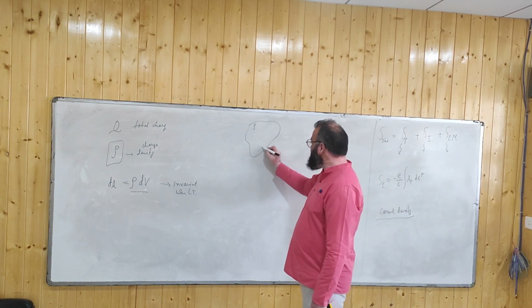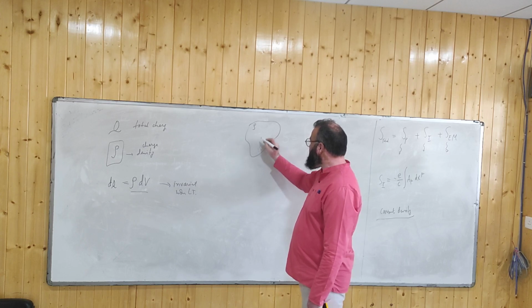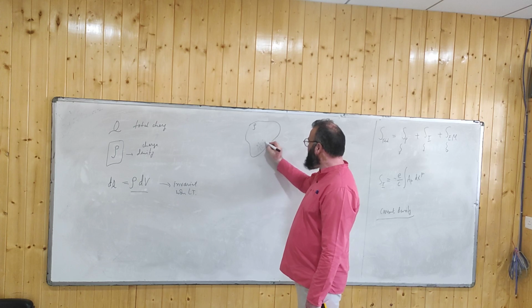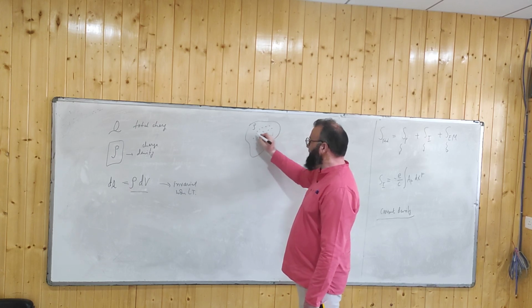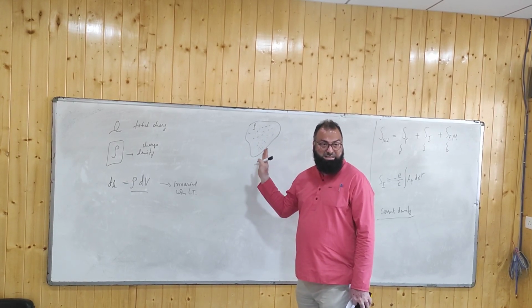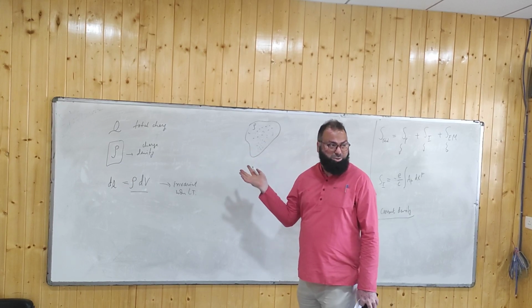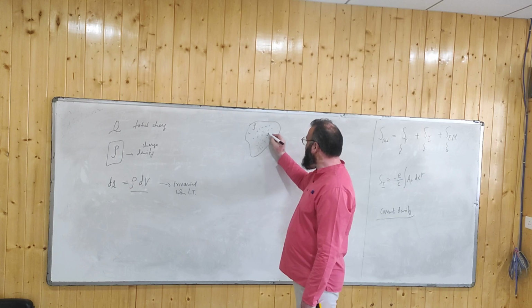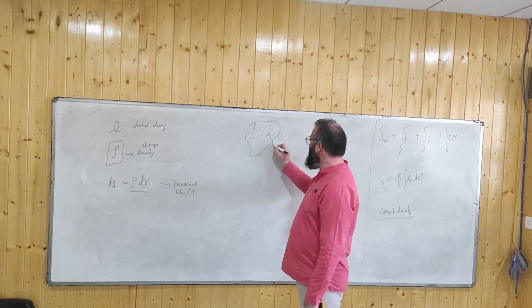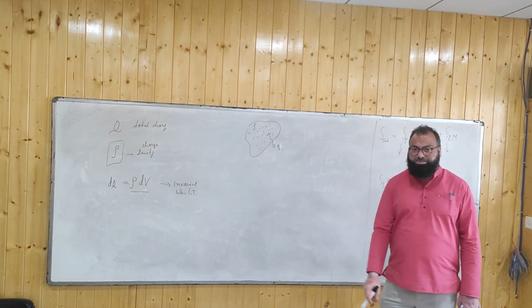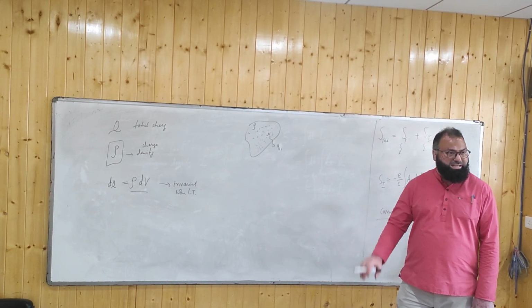Consider a charge distribution with volume density rho, and you can consider each point as a point charge. Then you sum up and you get the total charge. Let's say R_i is the position vector of the ith charge, Q_i is the ith charge, and its position vector with respect to some origin is R_i.